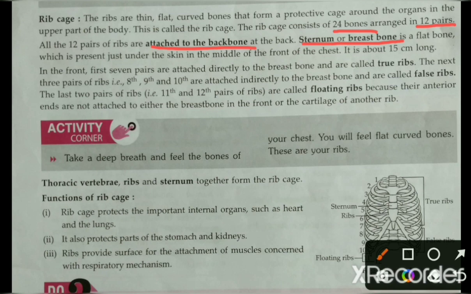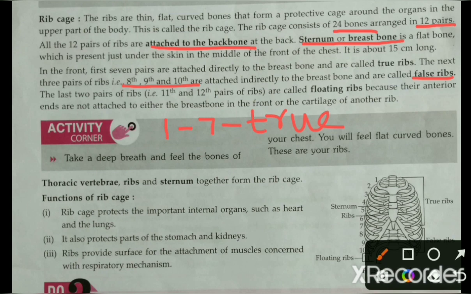Of those, only the first 1 to 7 are true ribs because they are attached to the sternum in the front part. But the 8th, 9th and 10th pairs of the ribs are called false ribs because they are attached indirectly to the breastbone, not directly attached.